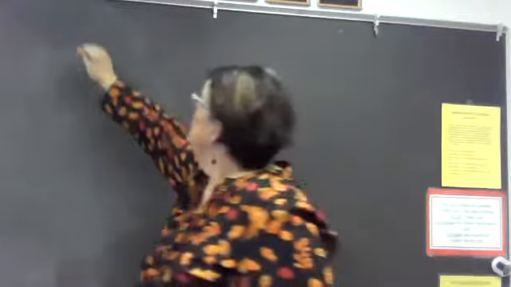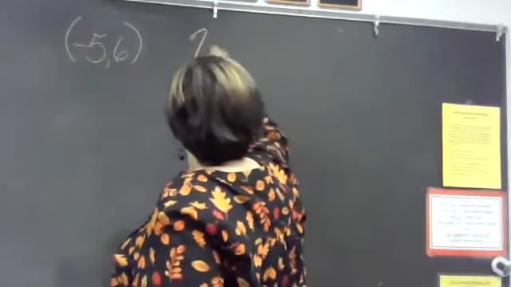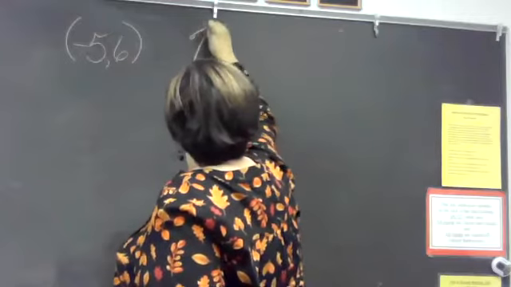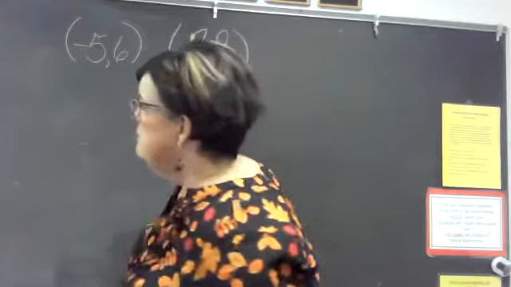All right, the 2 points that I drew the line segment between were -5, 6, and 7, 2, I think. Is that right?